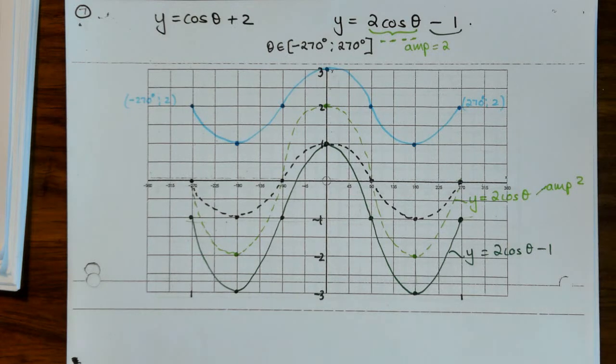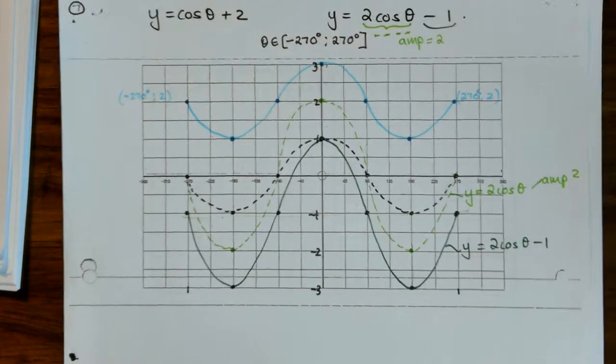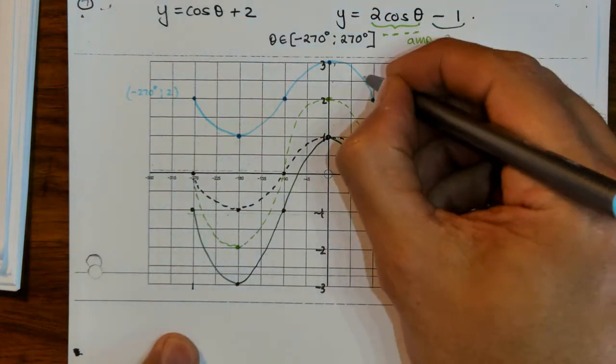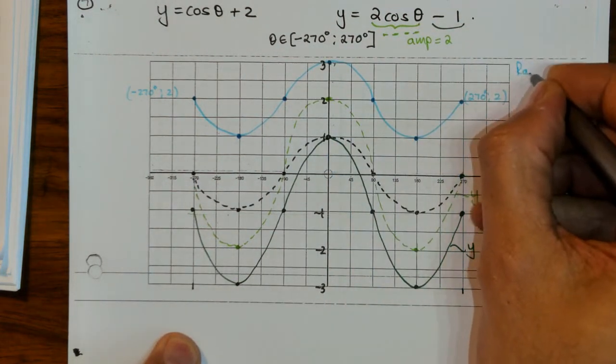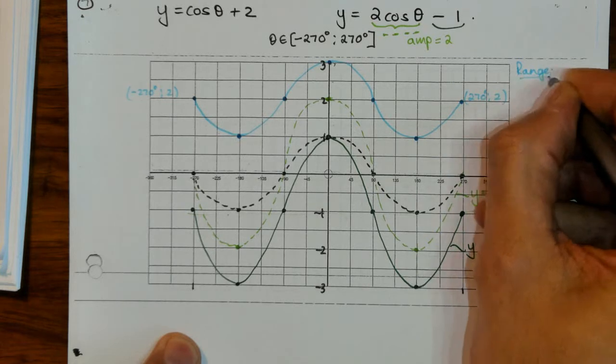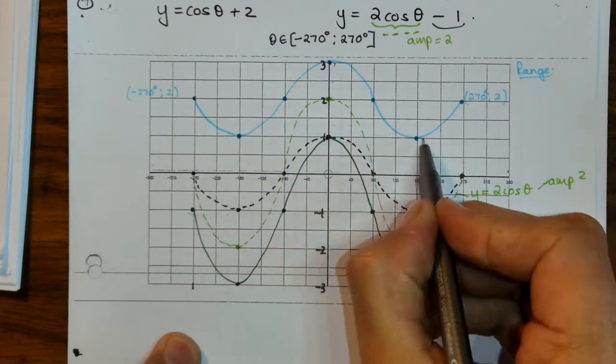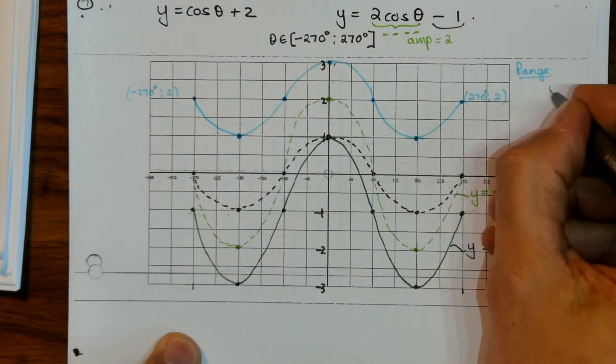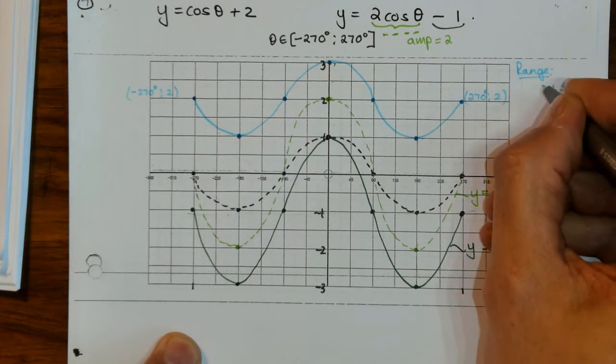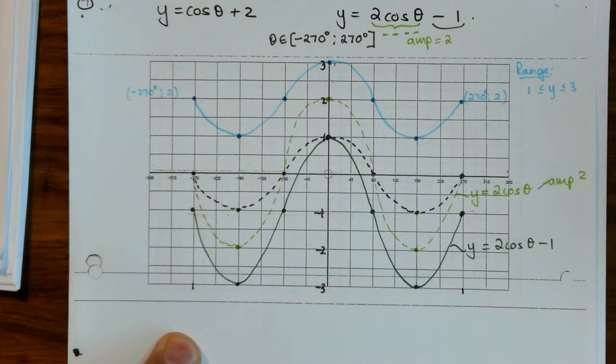Now I'm going to ask for a range. If I were to write down the range of the light blue graph here, we know the range is the permissible y values. Well, it has a minimum of 1 and a maximum of 3. So the range lies between 1 and 3.